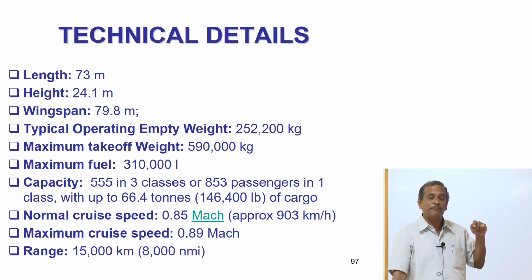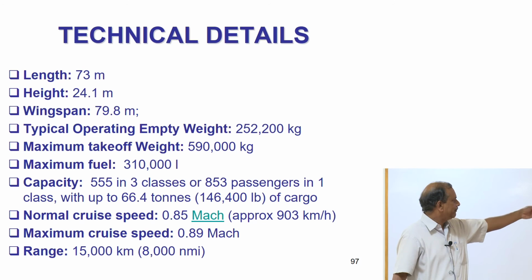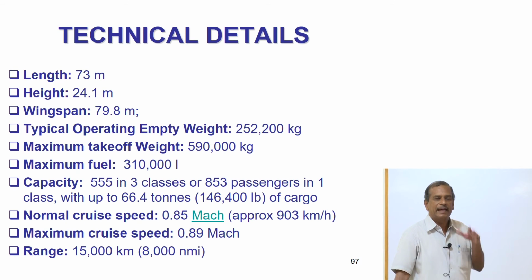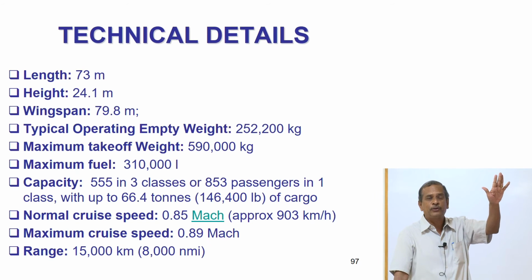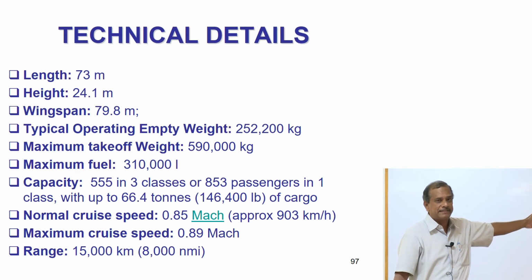Now, you have to design a pavement, a runway and a taxiway such that it does not deform, crack, rut under this huge load. The empty weight is 252 tons, but the full takeoff weight is 590. The aircraft takeoff weight is more because its fuel is full. The landing weight is less. So, the challenge before you is how do I design a sustainable pavement for a load of 590 tons?